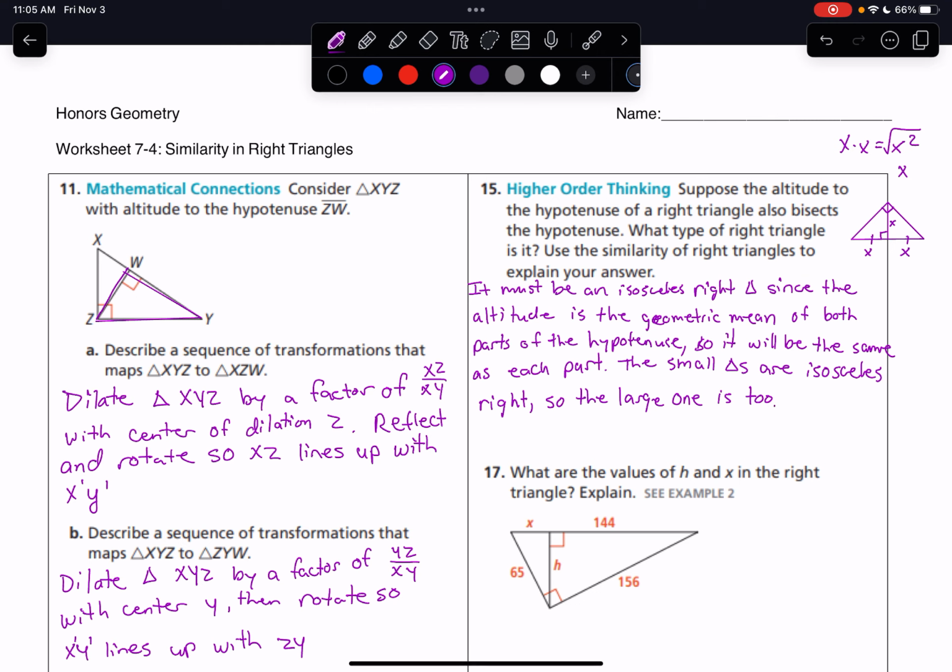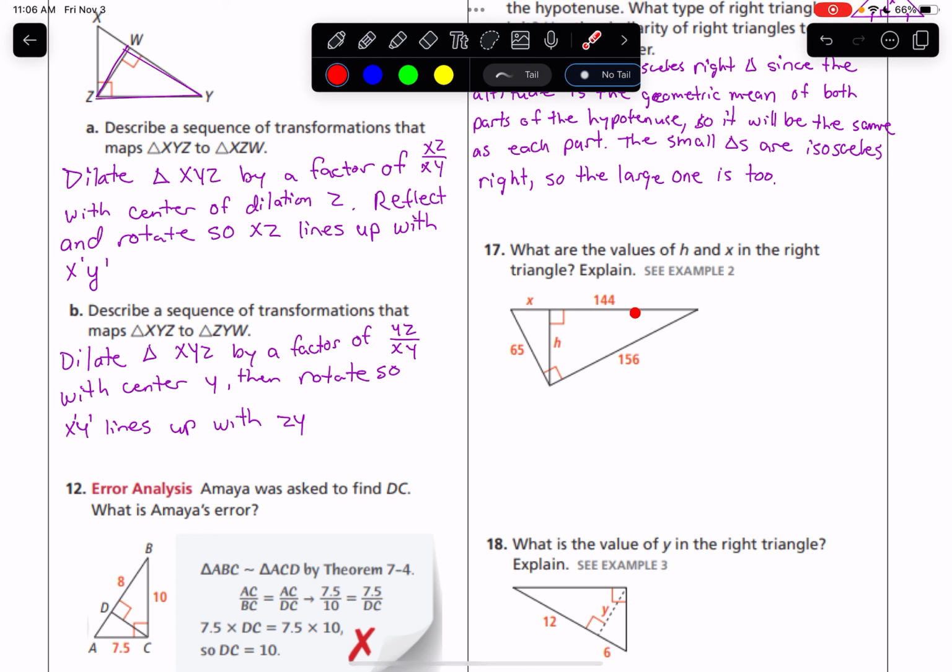Number 17, what are the values of h and x in the right triangle? Here we can use some ratios to figure this out. So I can look at the pieces of triangles that I have and use them to come up with the pieces I don't have. If I look at this medium-sized triangle right here, I have the medium length side and the long length side of that triangle. If I look at the small triangle right here, I am looking for the medium length side and I have the long side.